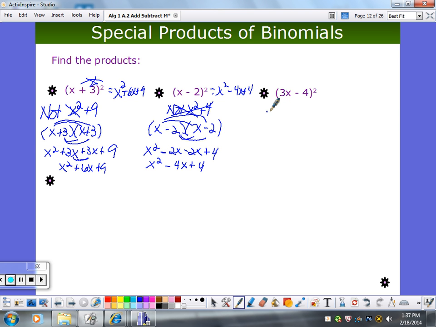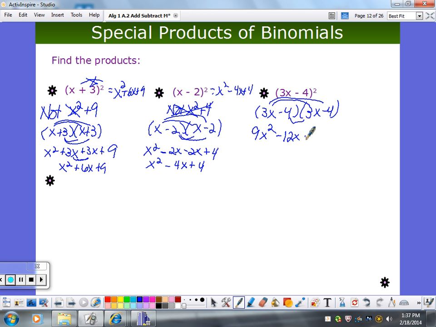What about this guy? Not 9x squared plus 16. Not that. Because I don't just square these guys. I need to expand. So 3x times 3x. 9x squared. Right? 3 times 3 and x times x. 3x times negative 4.